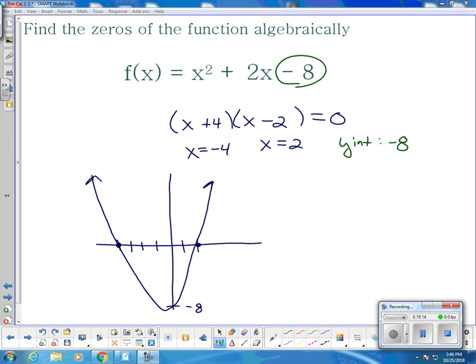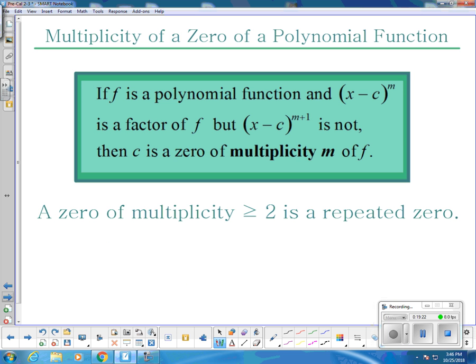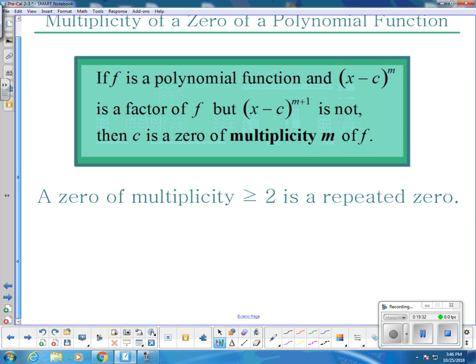Okay, so let's move on. We're going to keep doing these throughout the lesson. So the multiplicity of a 0. This is when a 0 occurs more than once. It occurs all the time. So let's look at an example here.